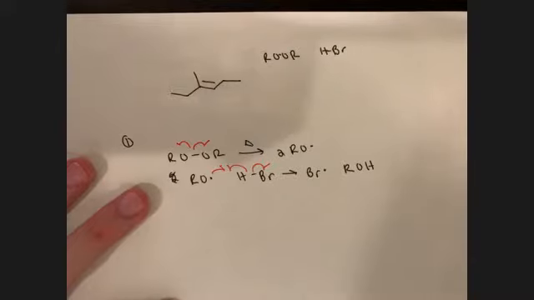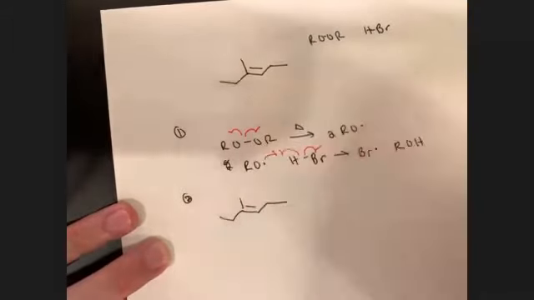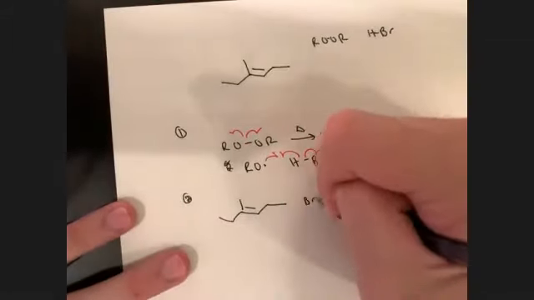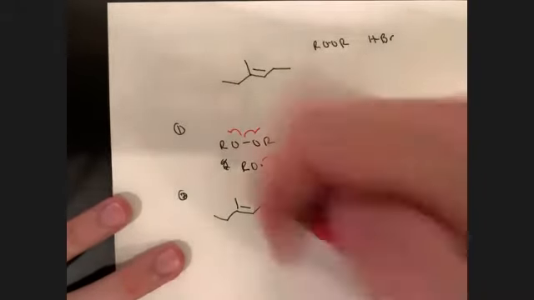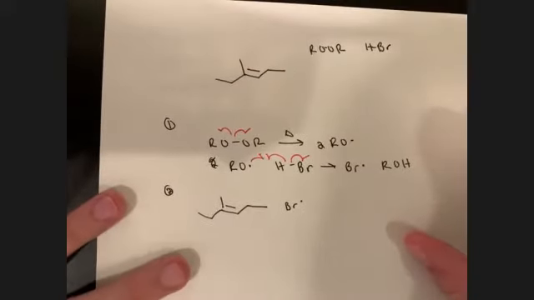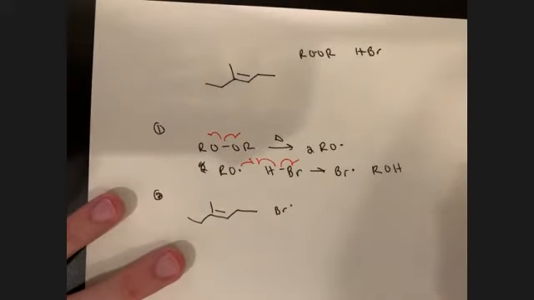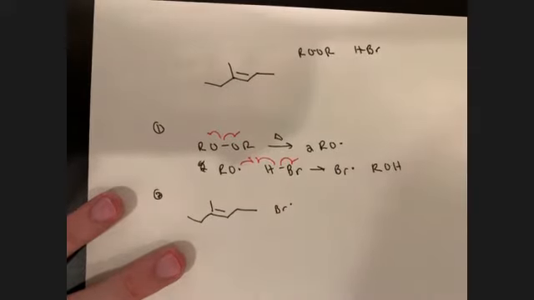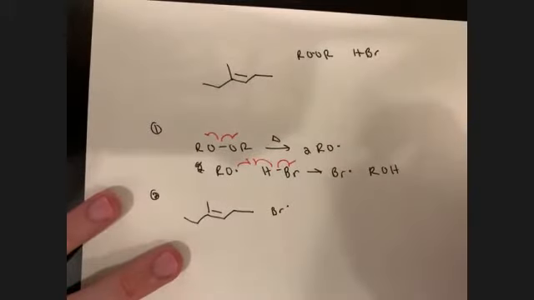Now let's bring in that starting material. So now we're on to propagation. In propagation, we're going to bring in that alkene and that bromine radical we generated from the initiation step. This is the same exact thing that we saw back with carbocation stability. We wanted to form the carbocation on the more substituted position, which means we also want to put the radical on the more substituted position.